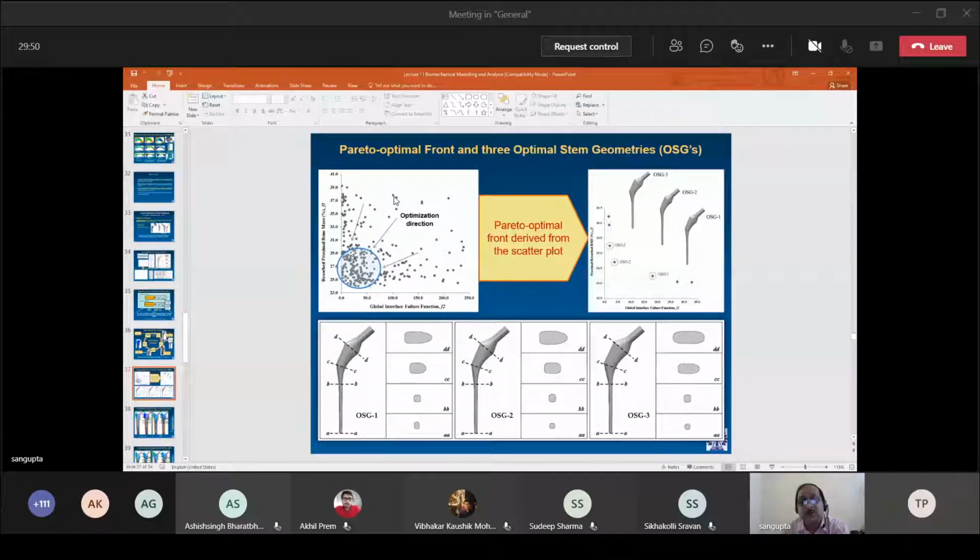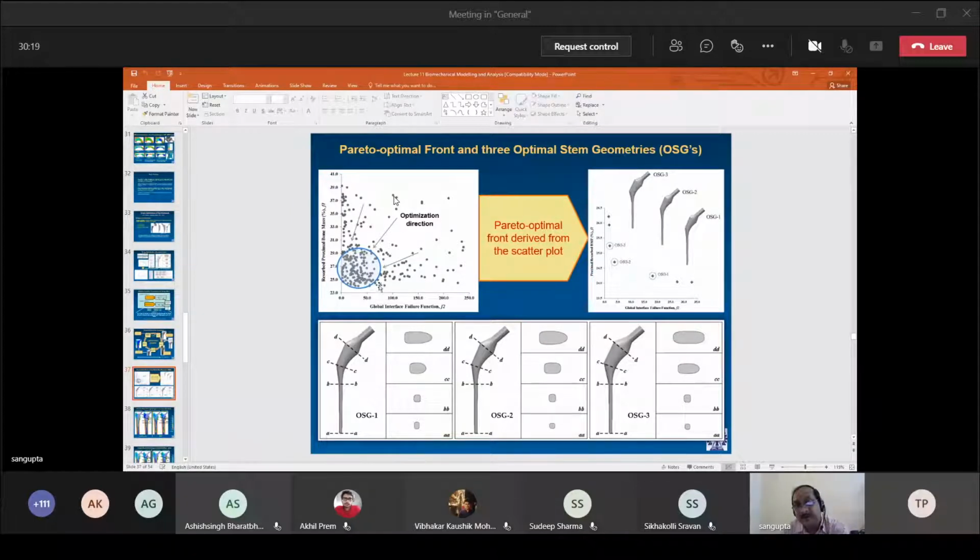These are the two conflicting parameters we are trying to handle, and we are trying to minimize both. And then we get this design space from which you can see there is an optimal direction of these data points. And from this, we can actually derive the Pareto optimal front from this scatter plot.